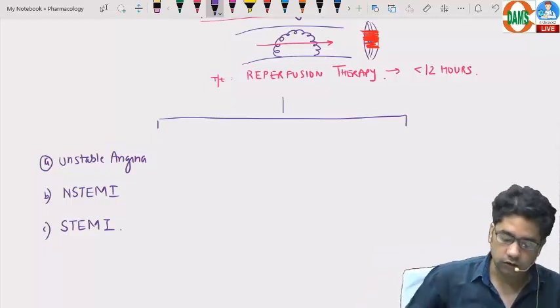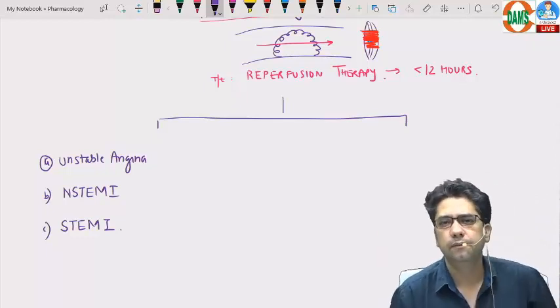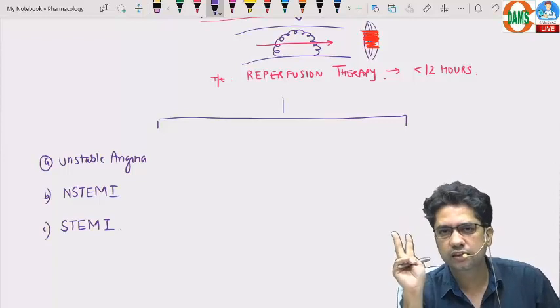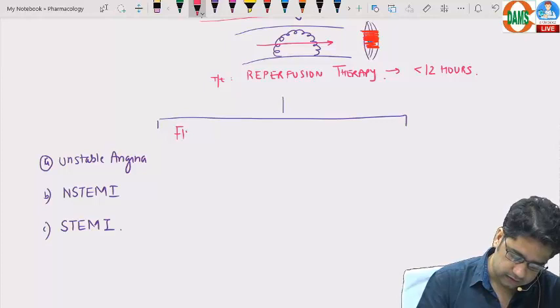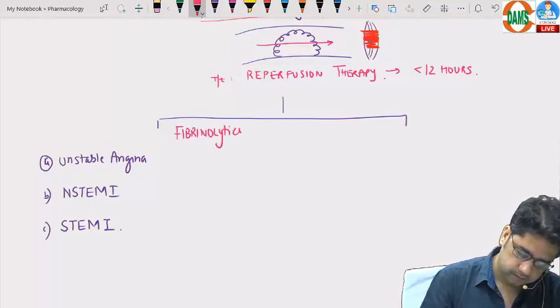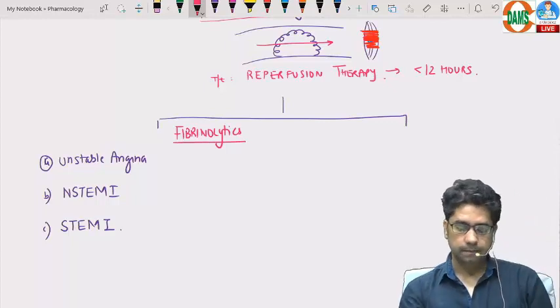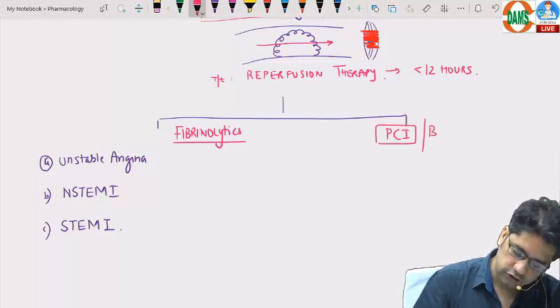Now, what is the definitive treatment of MI? Open this coronary artery. Now, there are 2 methods of opening the coronary artery. The first method is giving fibrinolytics. Second is PCI, or you can write balloon angioplasty.